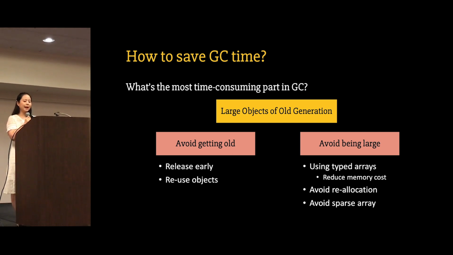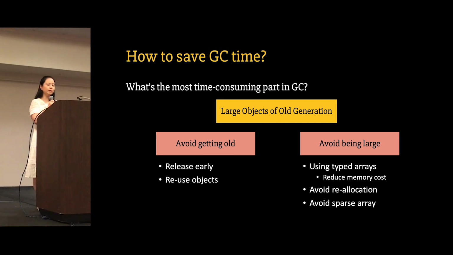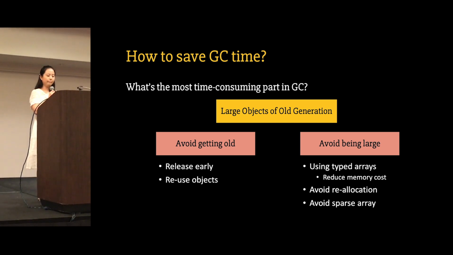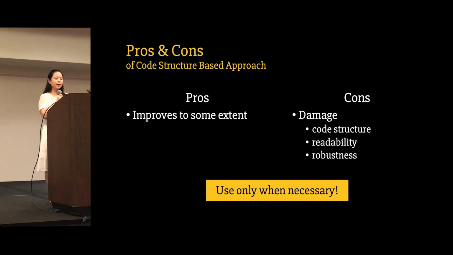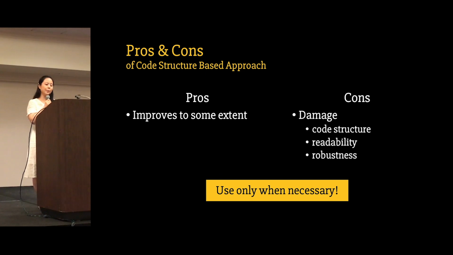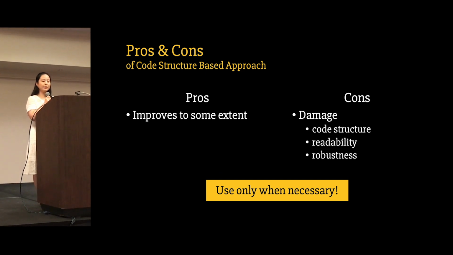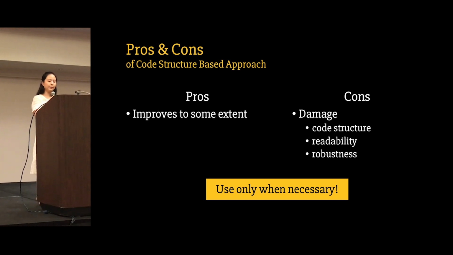But on the other side, we have to manage the arrays by ourselves and do all the low-level operations. In conclusion, changing code structure and code expression can help to some extent, but it brings much damage to the code structure, readability, and robustness. So take this approach only when you find there is a performance problem and use it only when necessary.